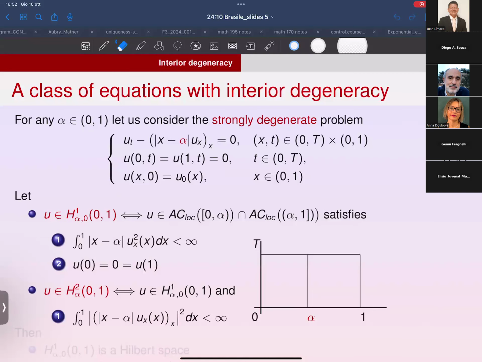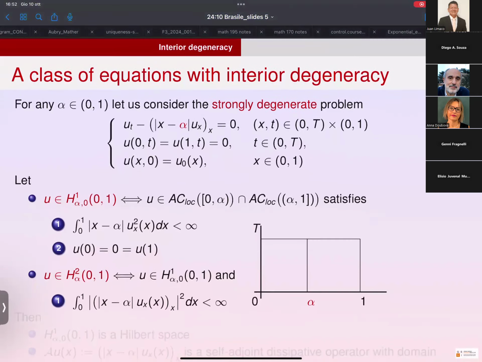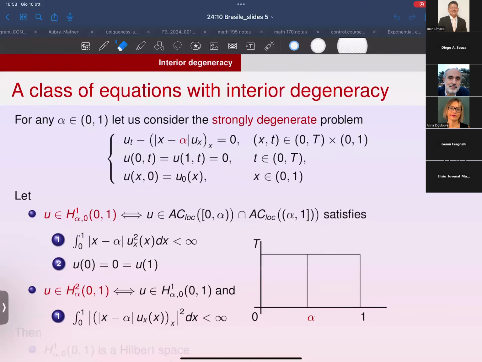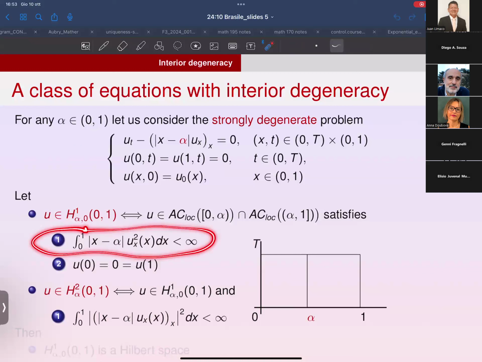Again, we can define some energy space by requiring that this energy is finite.